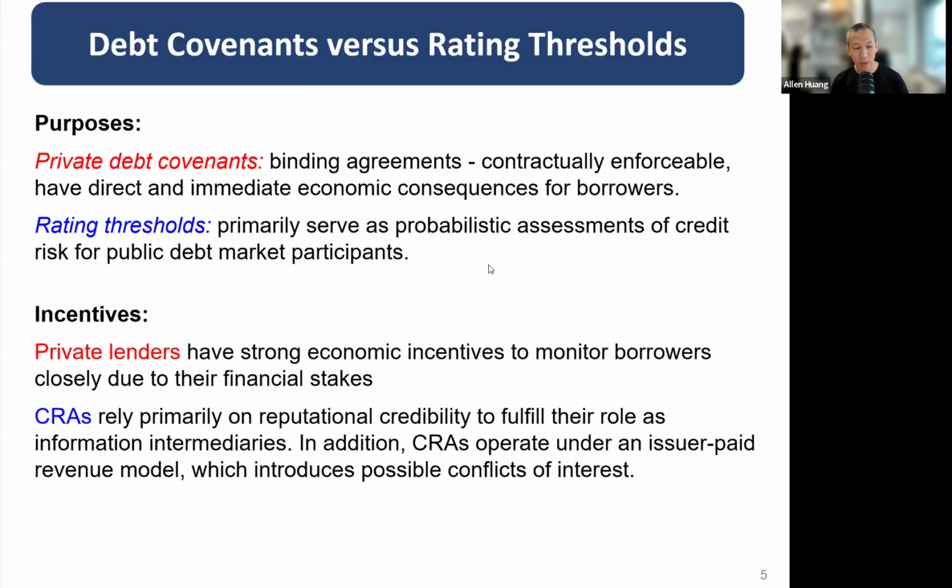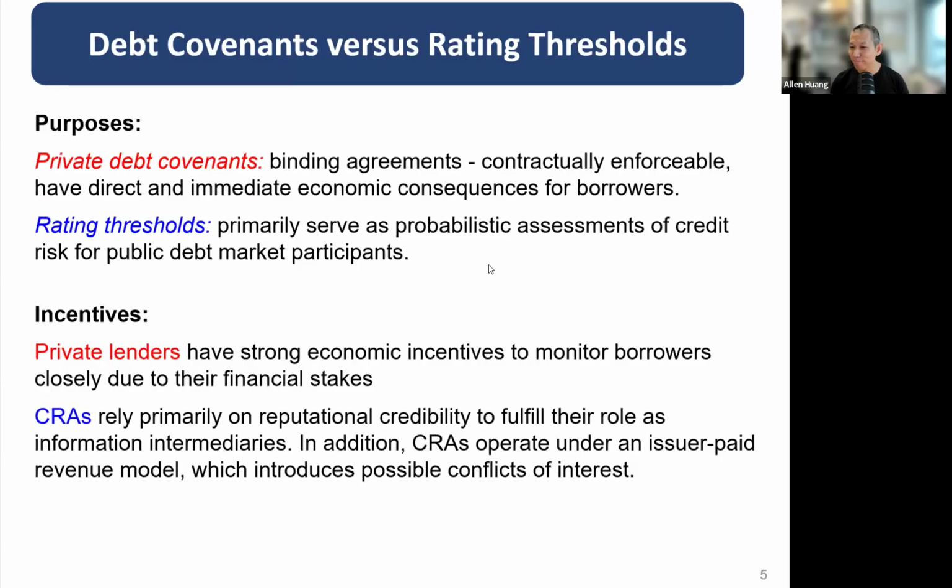Although they do have incentives, the incentive is more of reputational credibility and helping with future business. So they're trying to fulfill their role as information intermediaries. And lastly, credit rating agencies operate under an issuer-pay revenue model. So they're not paid by the investors, they are paid by the borrowers.